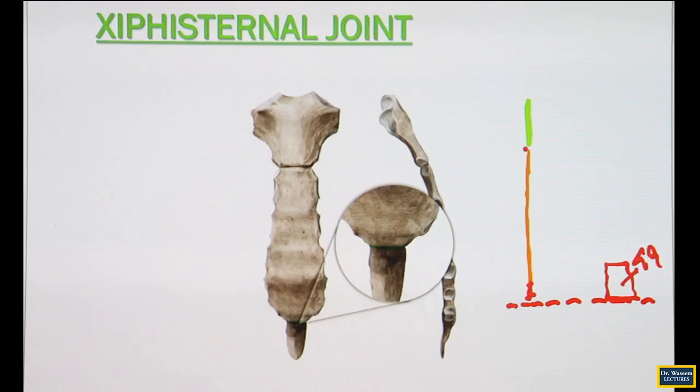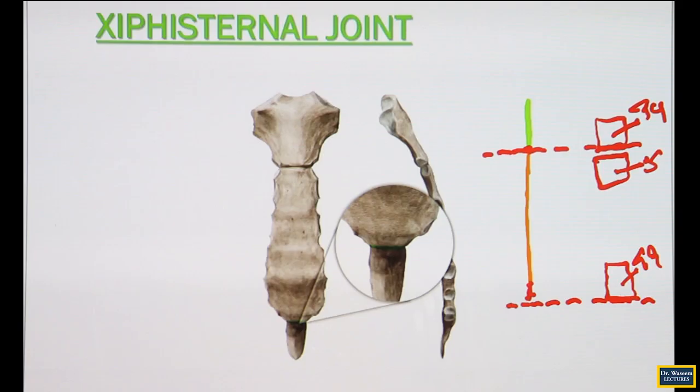Similarly, behind the manubriosternal joint, or the sternal angle, if you draw an imaginary line, behind it will lie the fourth thoracic vertebra, meaning the lower border of the fourth, or the intervertebral disc between 4 and 5, and here the intervertebral disc between 9 and 10. Here is 5, here is 9.